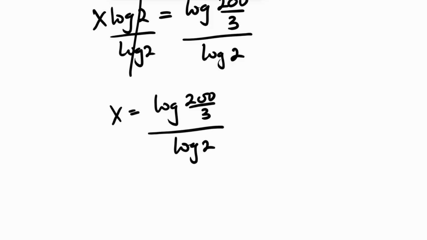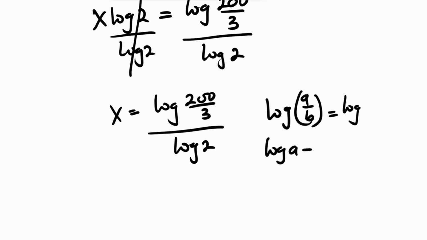Now, we know that log of a over b is equal to log a minus log b.